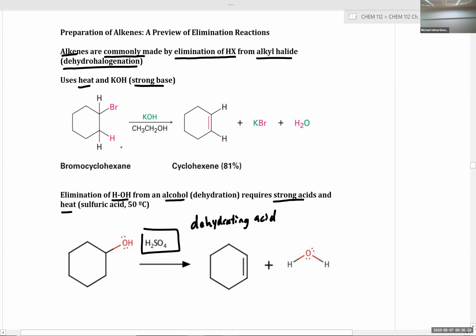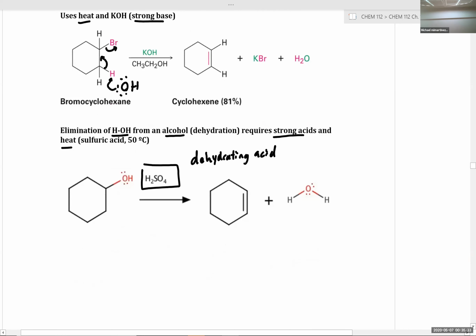Mechanistically, for our first reaction, the hydroxide is going to pull off a proton and we eliminate our halide. Mechanistically, for our second reaction under acidic conditions, first and foremost, we are going to protonate our alcohol to make it a better leaving group.